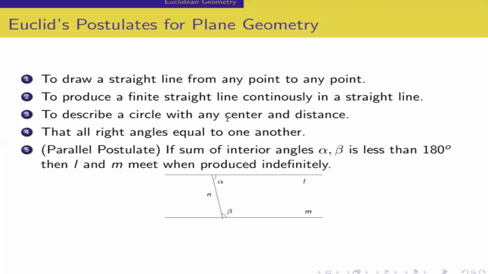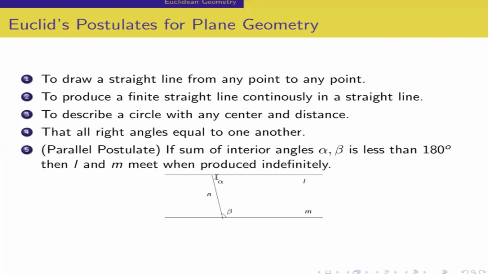You first start with 2 lines L and M. The picture is given here. You start with the lines L and M, and you draw a line N which intersects L and M, and you take the interior angles alpha and beta.